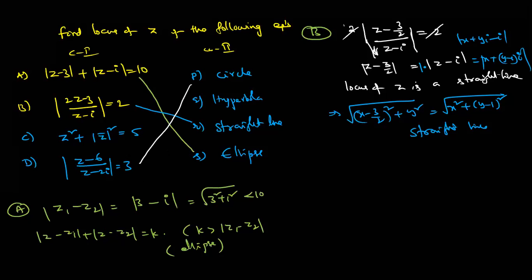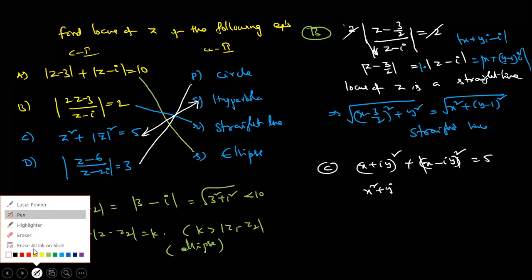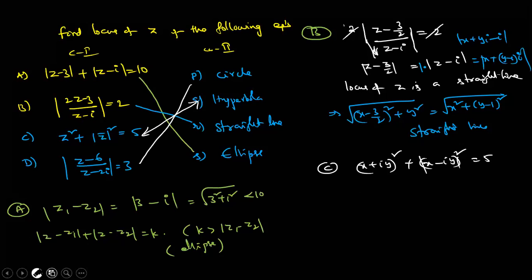Circle. What about C? Hyperbola. What is C? z square means what? (x plus iy) whole square. Modulus means what here? x minus iy. Modulus is there. Verify. Just a minute. Please expand this. What result is coming, anyone? x square plus 2ixy minus y square.